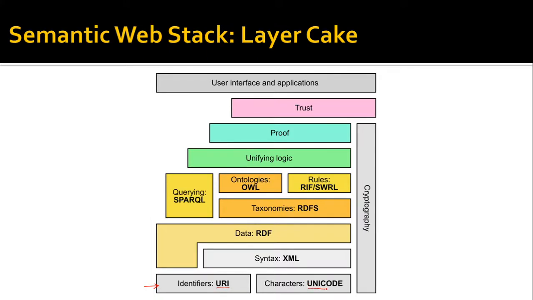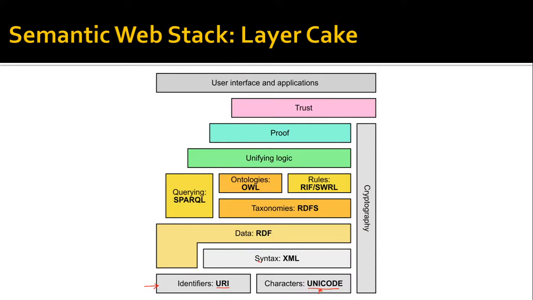Now you need to present certain values or descriptions about the resources. This description can be done in multiple languages: it can be done in English, Hindi, Bengali, French, any language, right? To facilitate this, the semantic web makes use of Unicode, which I guess is also the standard for the internet.